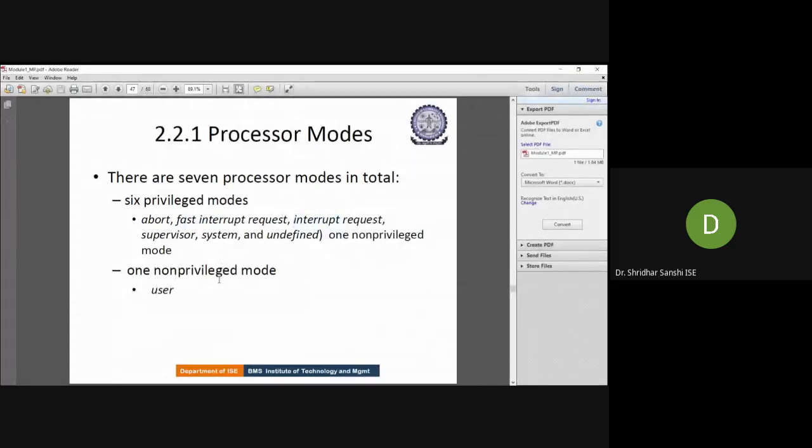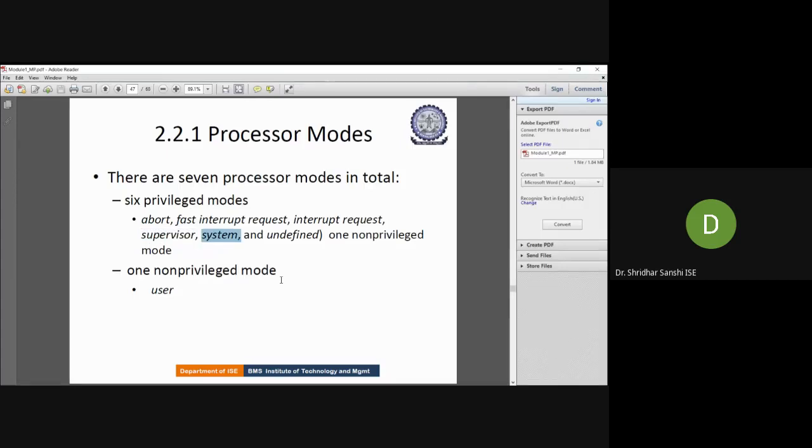Whenever we switch on the system or the embedded system, it will start in the supervisor mode. At first, the microcontroller will be in the supervisor mode. Also, whenever the operating system is working and executing instructions, the mode will be supervisor mode.